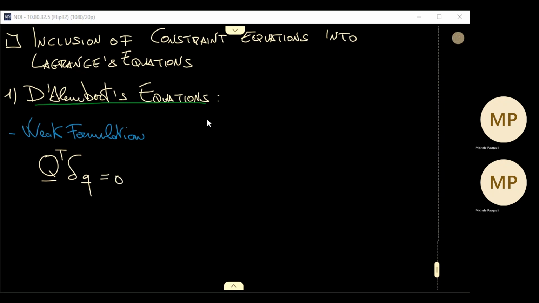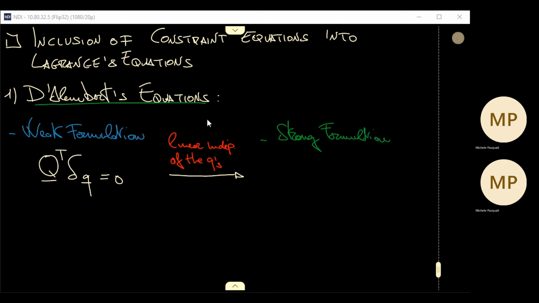And then, through the hypothesis of linear independence of the Q, we got a strong formulation, okay? That's to say, very straightforwardly, Q equal to 0, like so.